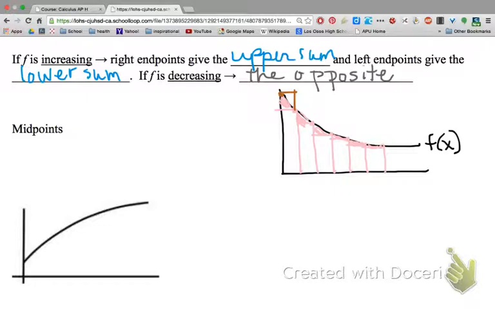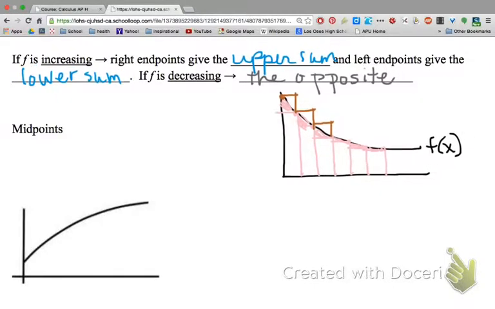Now that's going to be a left endpoint, and I'm going to connect over and down, over and down, left, over and down. And so now you can see that the left is too big. So it's switched.